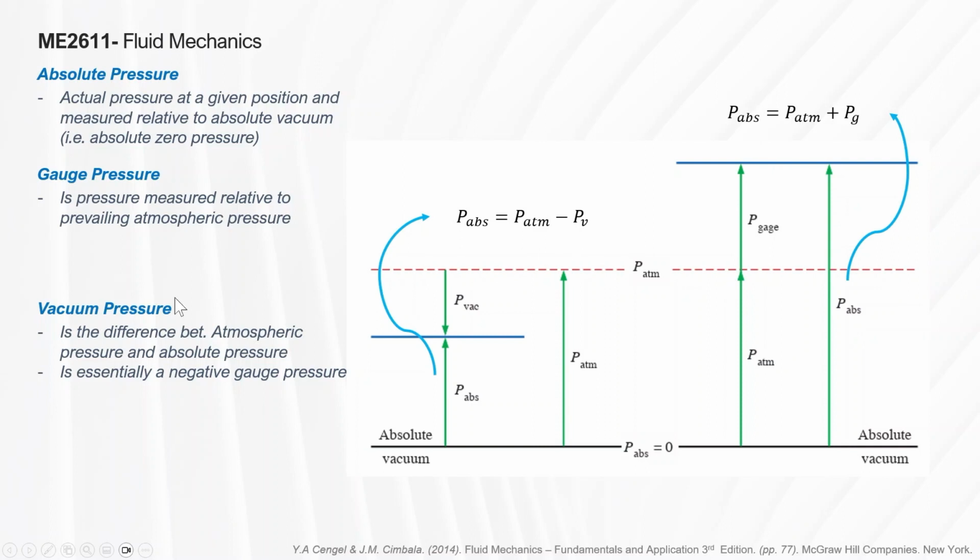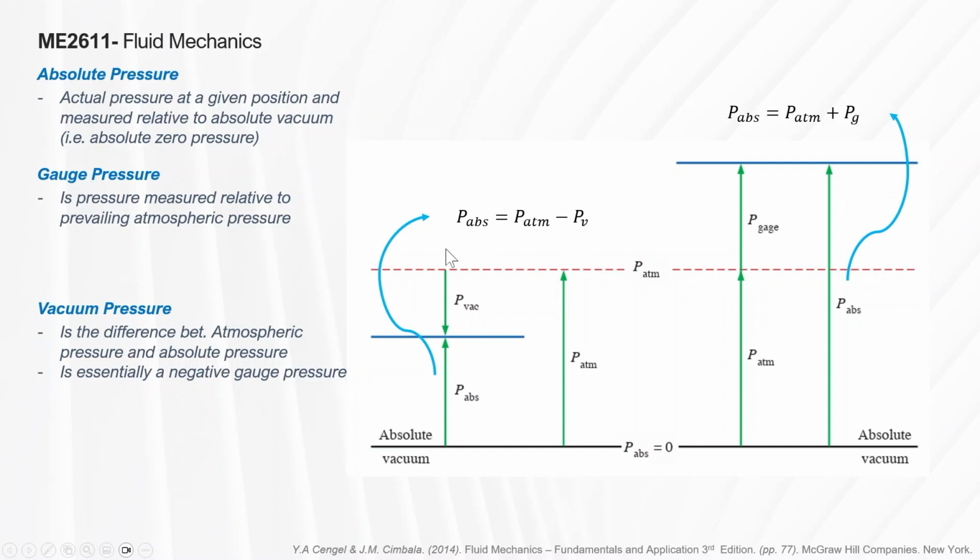But sometimes, we have gauge pressure naman. It's measured relative to the prevailing atmospheric pressure. So, yeah. When you're not considering absolute pressure, you can eliminate yung atmospheric pressure, we're only talking about yung gauge pressure. Then, of course, we have yung vacuum pressure. Essentially, it's the difference between atmospheric pressure and yung absolute pressure.